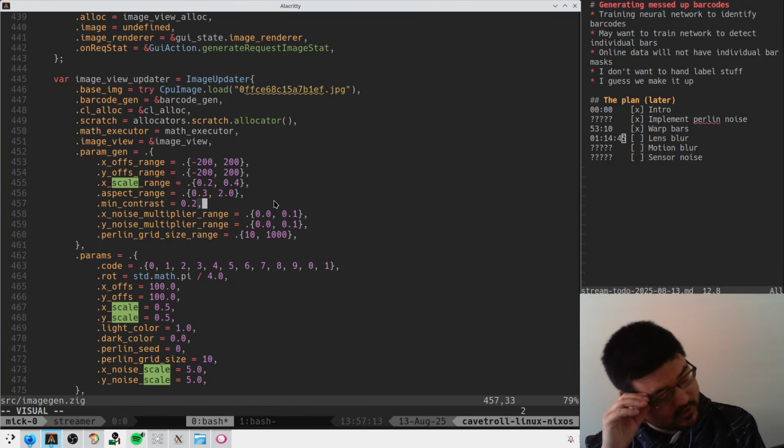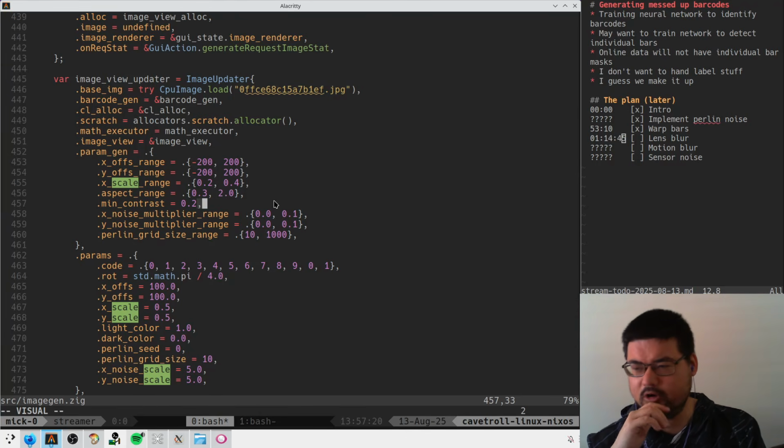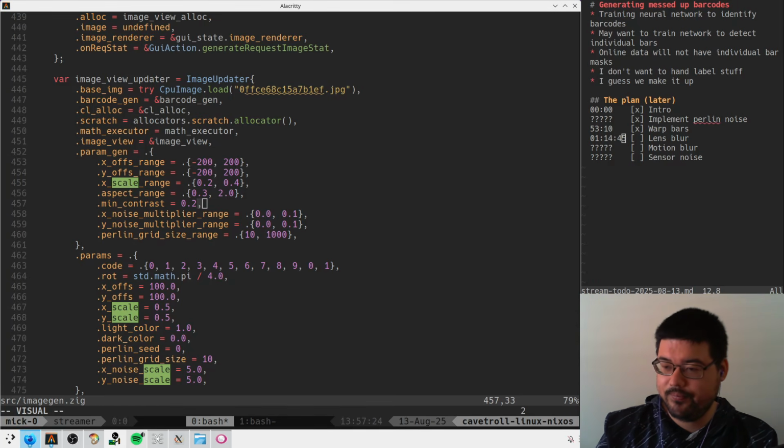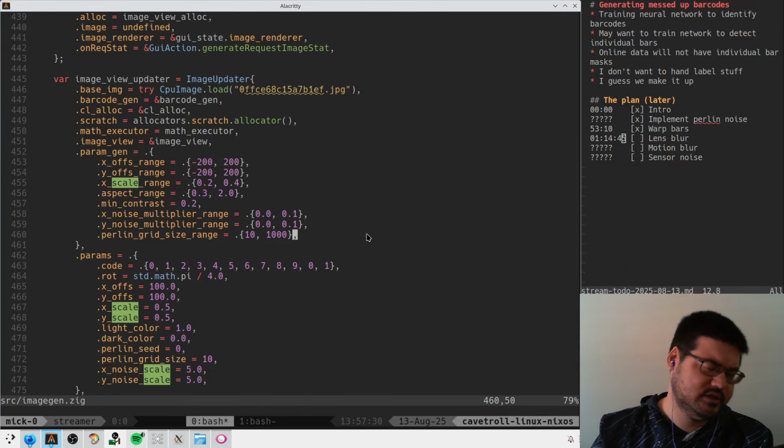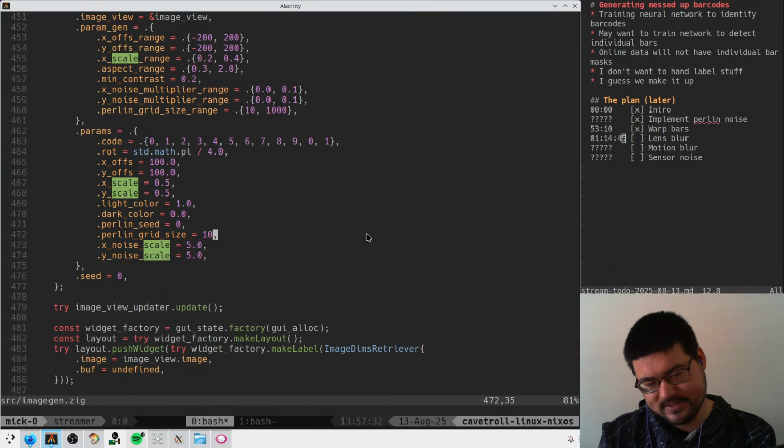The other option is to intelligently only run it on the part of the image that the barcode is in. But I don't want to deal with that right now. So I think I will just generate a mask.